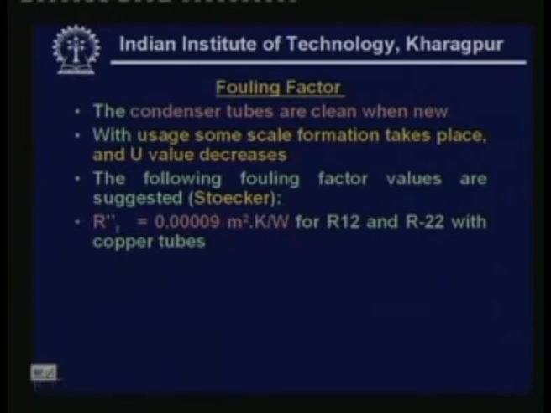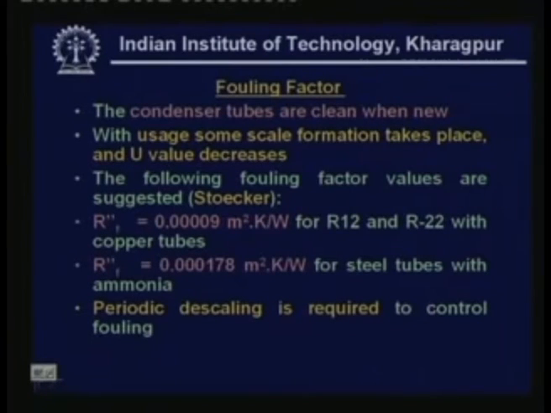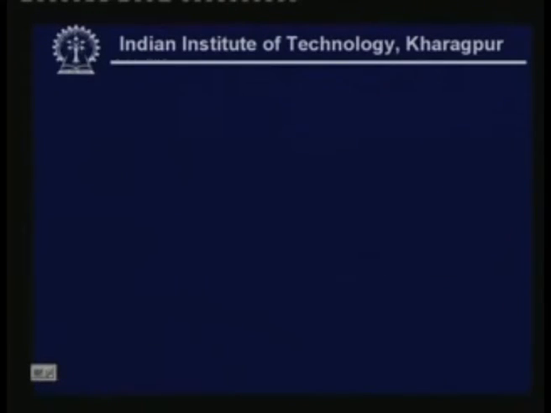For example, the fouling factor is 0.00009 meter square Kelvin per watt for fluorocarbon based refrigerants with copper tubes, and the fouling factor is 0.000178 meter square Kelvin per watt for steel tubes with ammonia. And periodic descaling is required to control fouling. So from time to time you have to shut down the plant and clean the tubes.